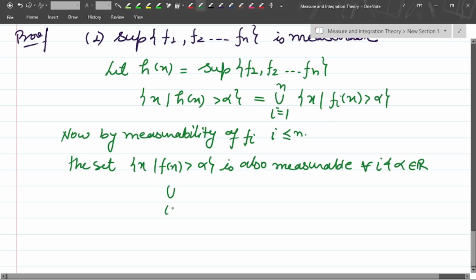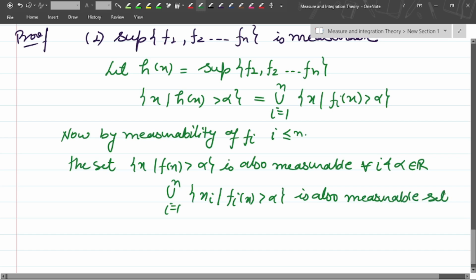It means the union over i equals 1 to n of the sets of x such that fi of x is greater than alpha is also a measurable set.